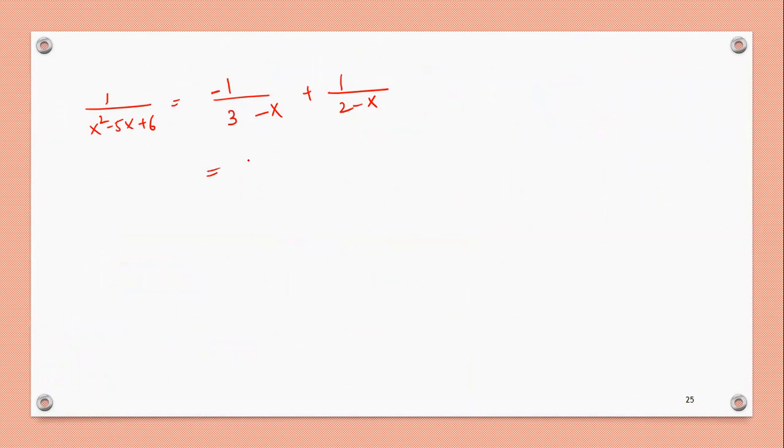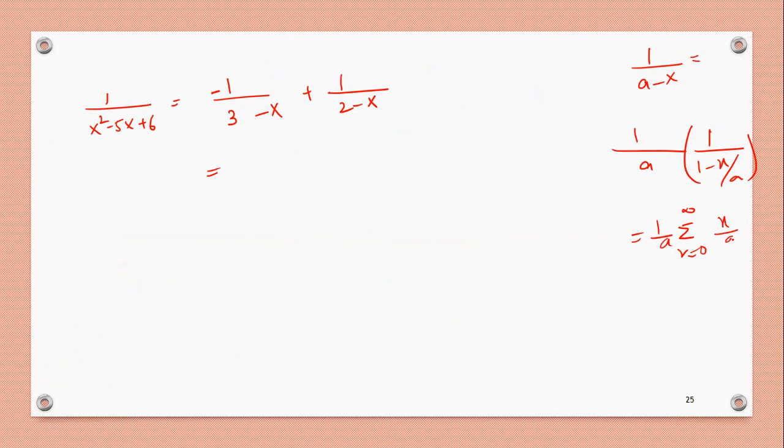Now after that, if you remember, I said that for 1 by a minus x, I'll take this a outside. So 1 by a into 1 by 1 minus x by a. This can be written as 1 by a into sigma r is equal to 0 to infinity, x by a whole power r. The same way here, we will take this minus 1 by 3 and then we can write this as sigma r is equal to 0 to infinity 1 by 3 power r into x power r.